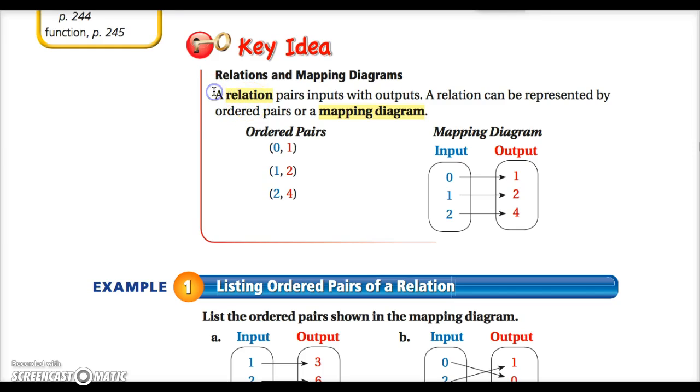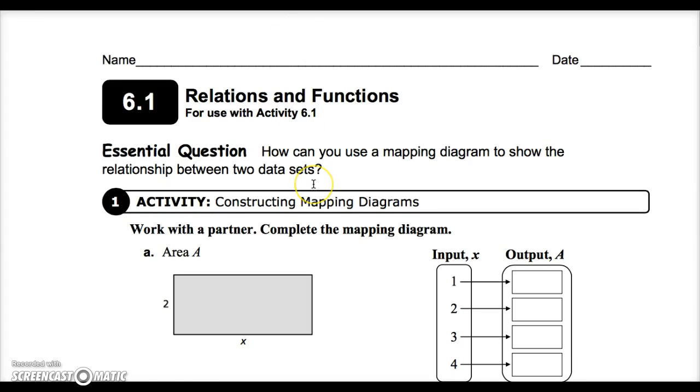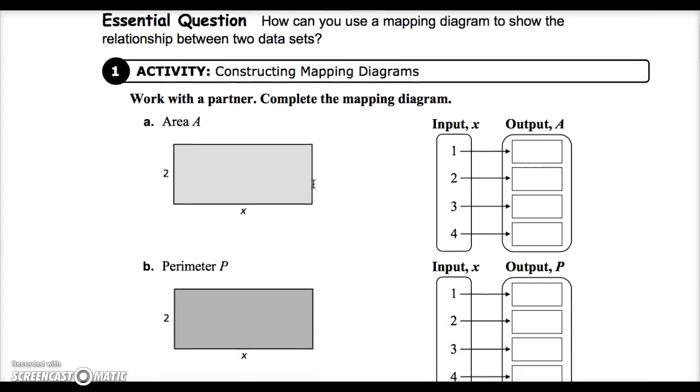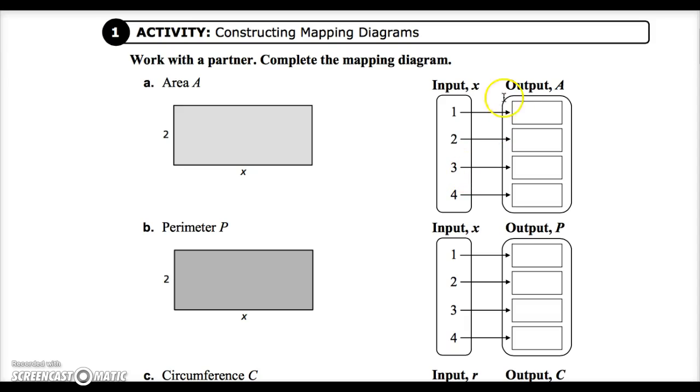We'll get more into detail with those later, but there are two different ways you can look at them, either ordered pairs or separating them out into a mapping diagram, an input-output table. So if you look at your workbook, on activity 1, we're basically going to be filling out these mapping diagrams over to the side. So on part A, they are wanting you to find the area of the rectangle.